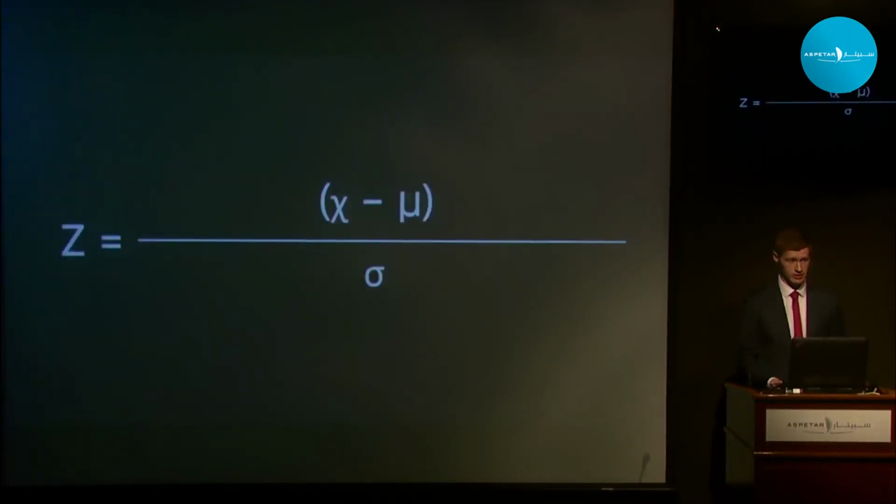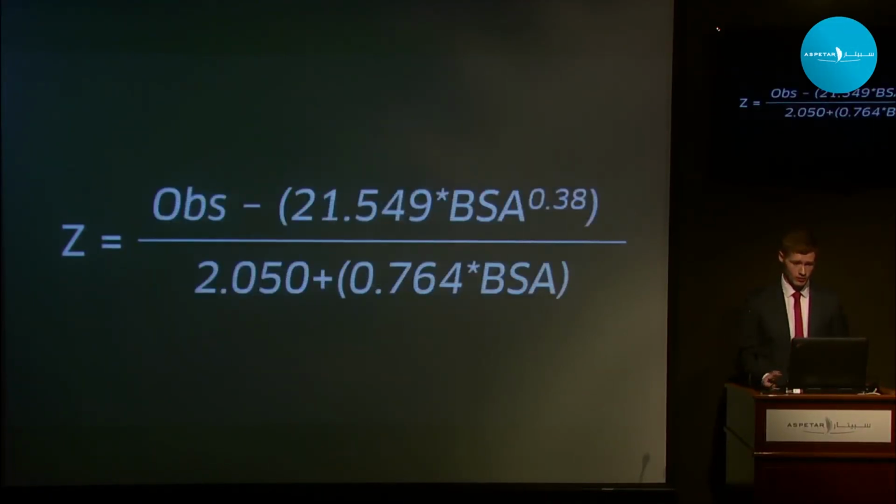So Z-score essentially equals our observed measure minus our predicted measure based on body surface area, chronological age, what it might be, and our predicted standard deviation. And for that measure of cardiac size I've just presented to you, we've got a nice elegant equation here, pretty easy to recall and quite easy to compute based on this individual's body surface area. I'm sure you can agree.